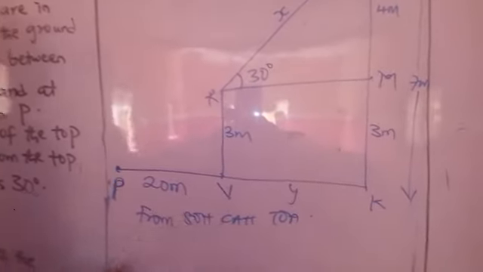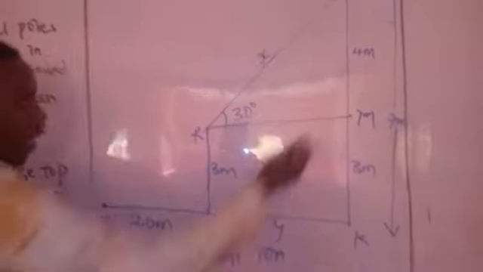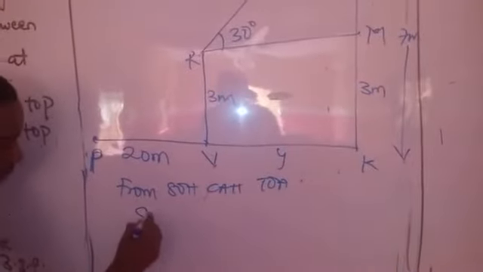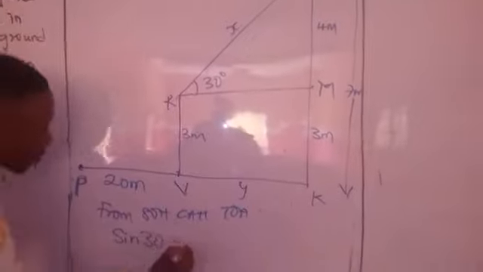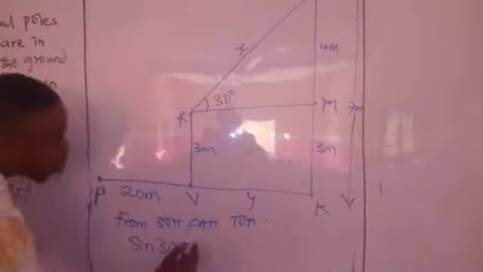Okay, let's use SOH CAH TOA. Sine is opposite over hypotenuse. So since we are looking for the hypotenuse side, and we have the opposite side, we use sine. So sine 30 is equal to opposite over hypotenuse. Opposite is 4.